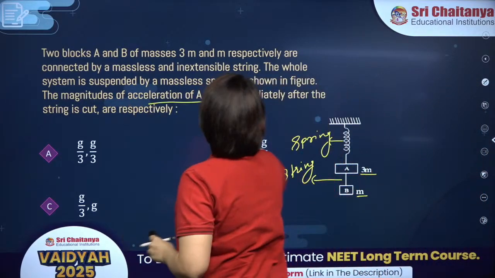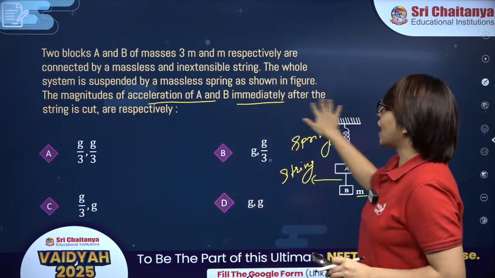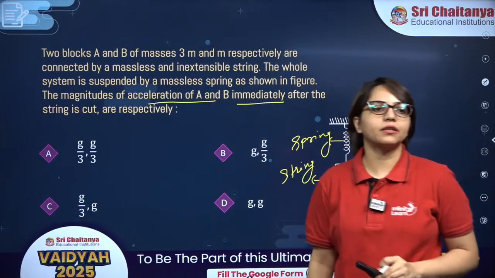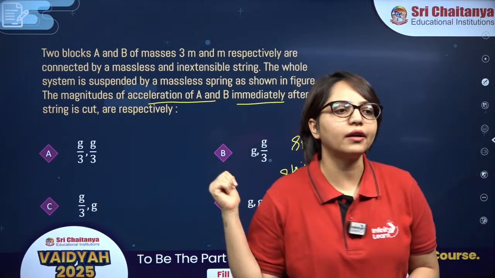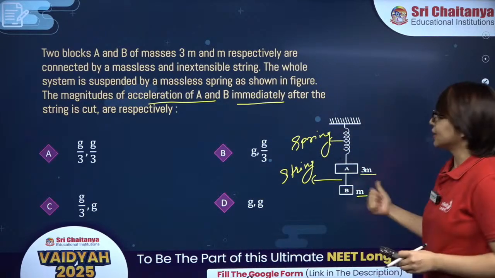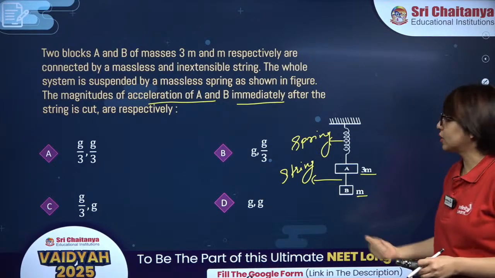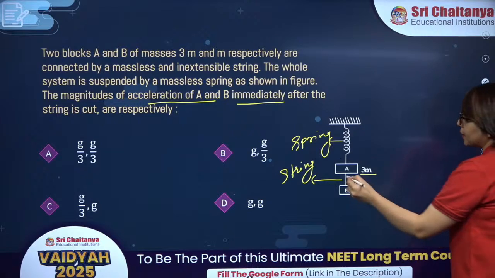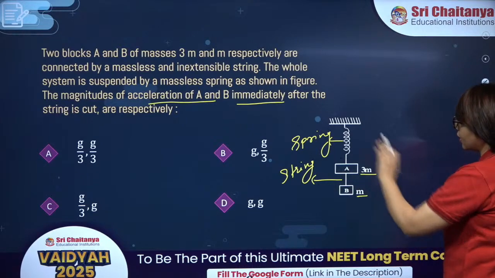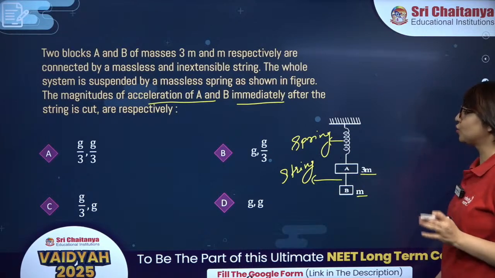The magnitudes of acceleration of A and B immediately after the string is cut are respectively. This is one of the PYQs, beta. I hope you guys remember this one. This is one of the PYQs from laws of motion. If you cut the string over here, then what will happen to A and B? That we need to find.